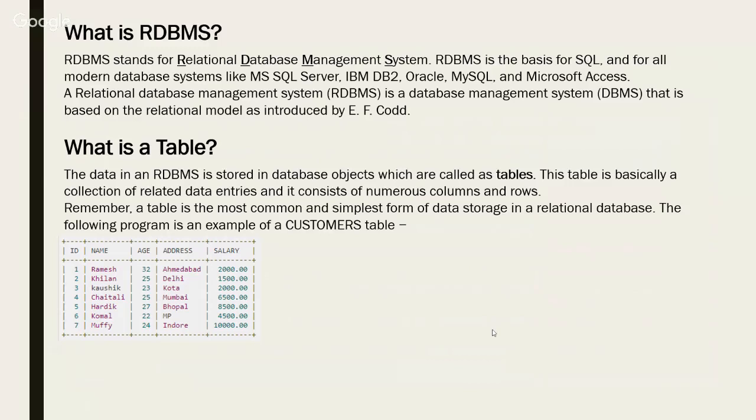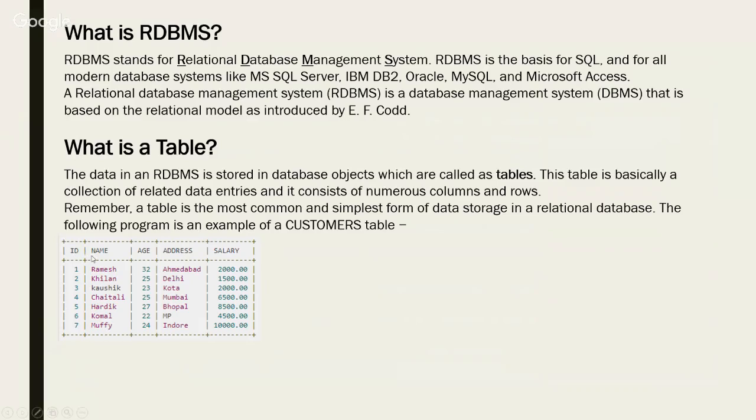Now, let me just explain the elements which are there in a table. A table looks something like this, what we have already studied in the last session, where we were talking about spreadsheets. It used to look something like this. Similar is the case with the table. It contains rows, it contains columns, there is a name to it, and it contains fields.